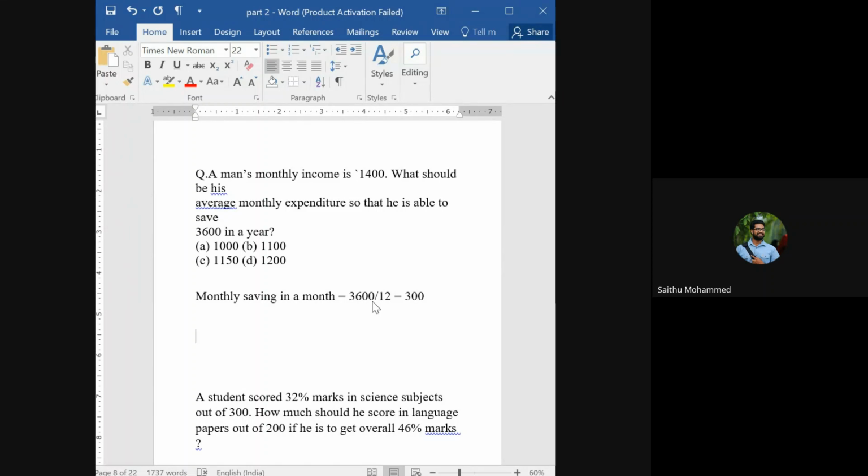Now it is very easy to find how much expenditure he should be having in a month. So we know that expenditure equals income minus savings, right?